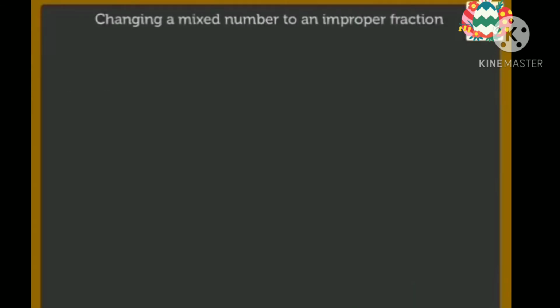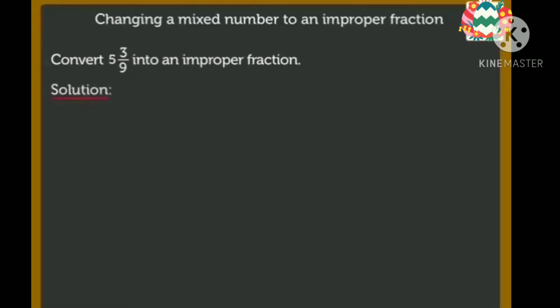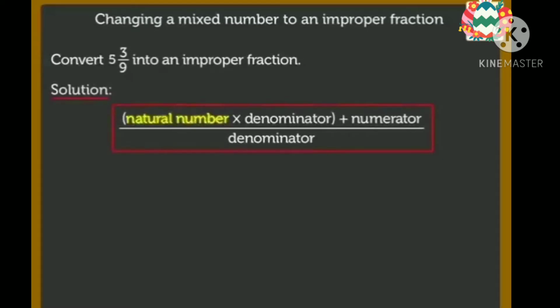Now, let us change a mixed number to an improper fraction. Convert 5 and 3 upon 9 into an improper fraction. To do this, multiply the natural number by the denominator and then add the numerator to the product to get the new numerator. Write the denominator as it is.